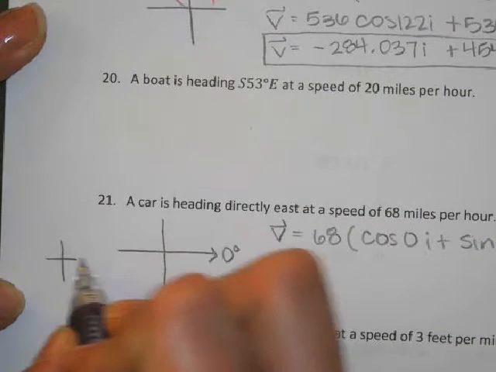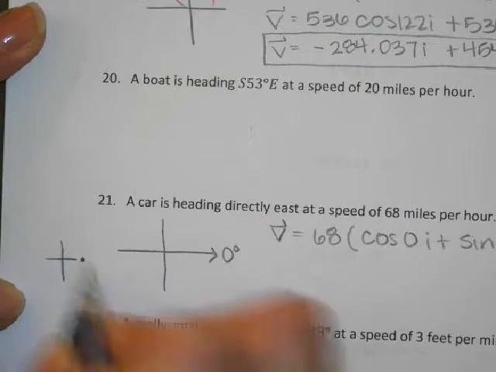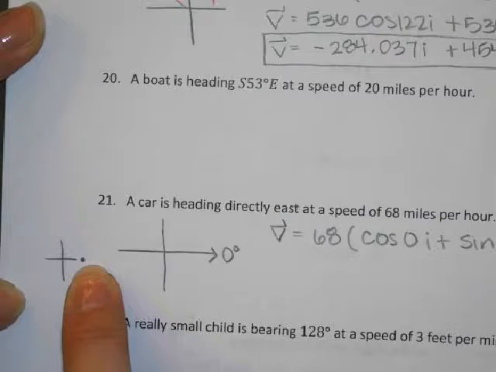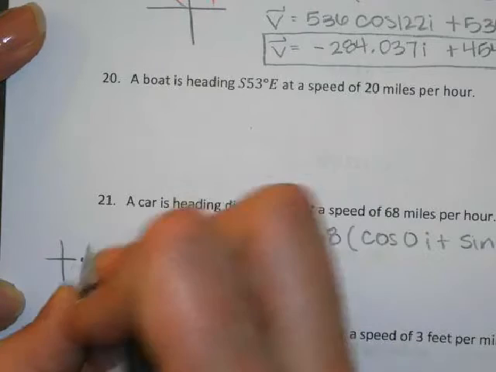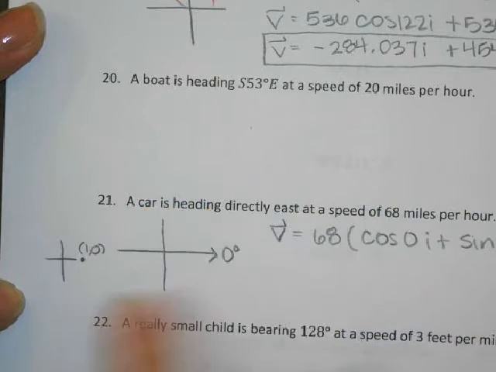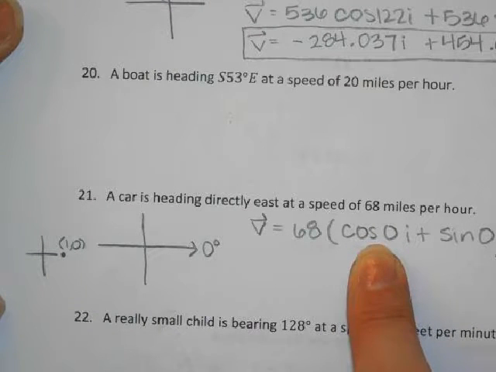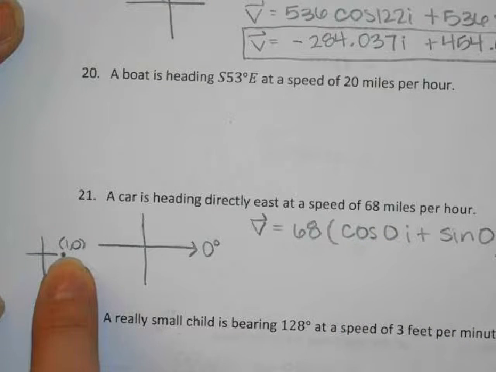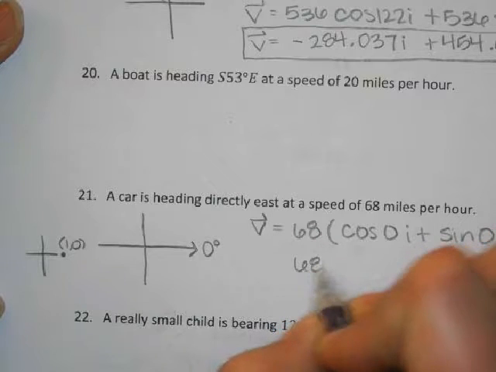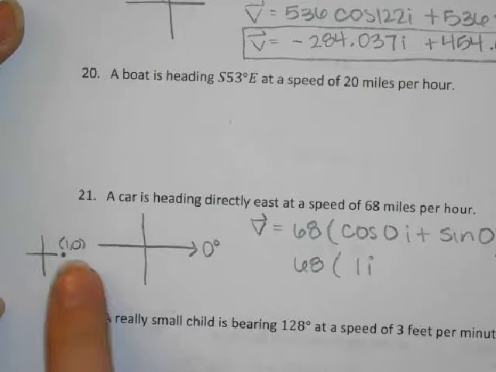Here's our unit circle over here at 0 degrees. What's the x and the y coordinate right there? 1, 0. So cos of 0 is 1, and sine of 0 is 0.